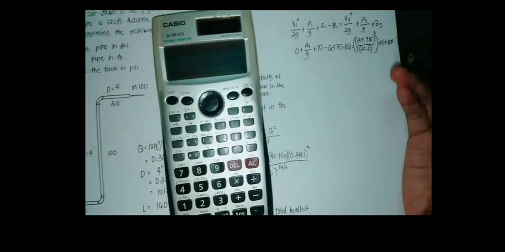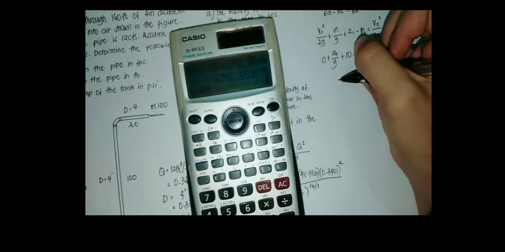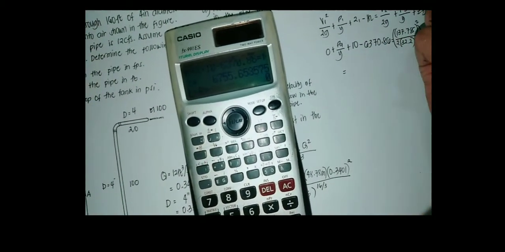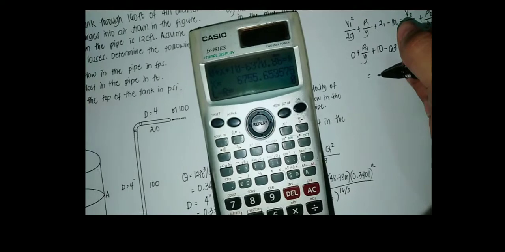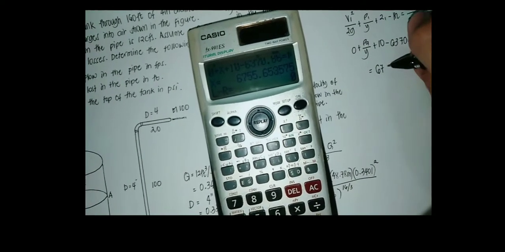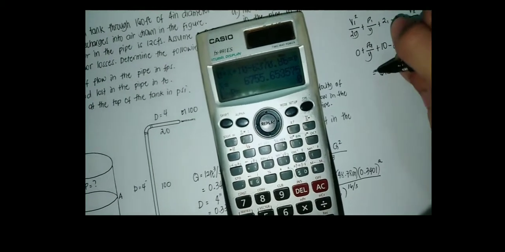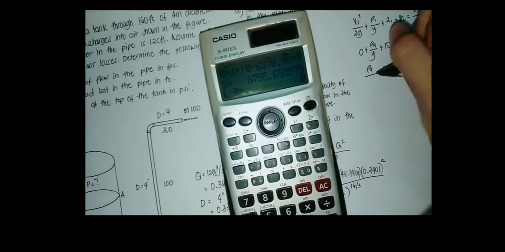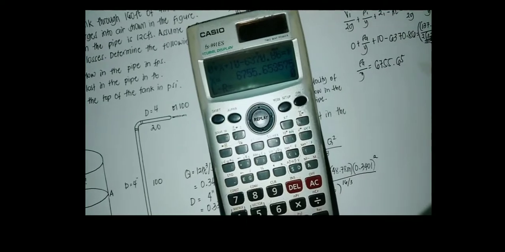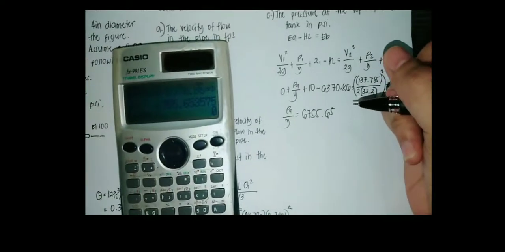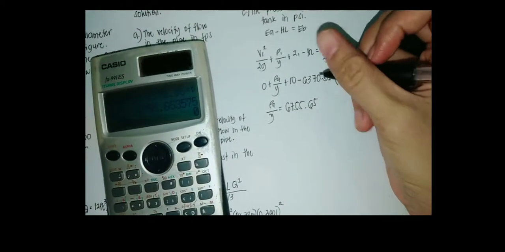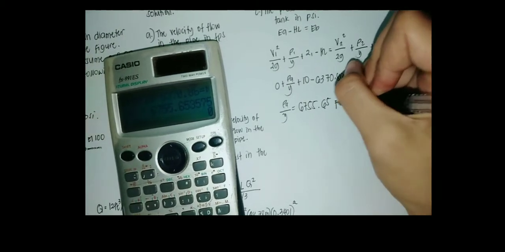Set aside our calculator again. Then let's put the value that we came up with using our calculator: 55.65. So this is the P over the density of water times gravity. Okay, sorry, this is the feet of water.